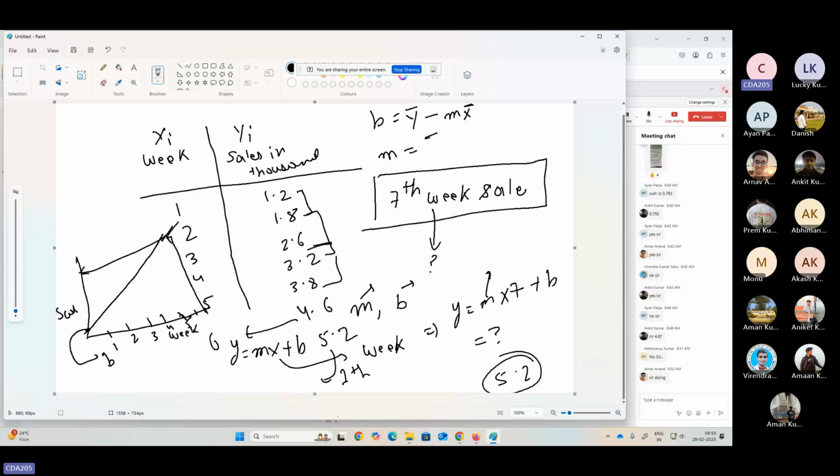That is summation of i equal to 1 to n, xi minus x mean, yi minus y mean, by whole summation of i equal to 1 to n, xi minus x mean whole square. So calculate the mean of x, and calculate the mean of y.